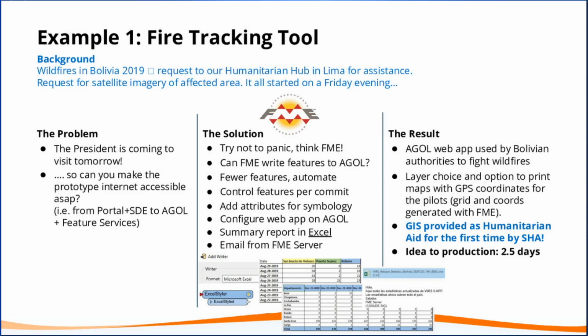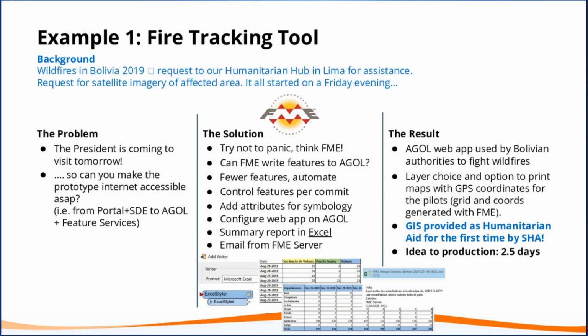They were after satellite imagery. It was, of course, a Friday evening. It goes without saying. The problem, yeah, people deployed to Bolivia to assist with the coordination, and the president, Evo Morales, was at that time due to visit them.